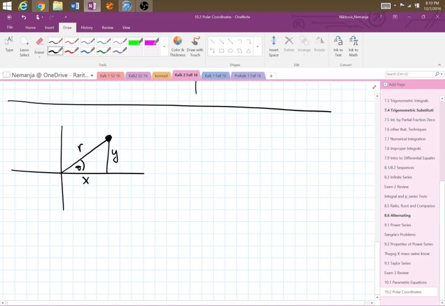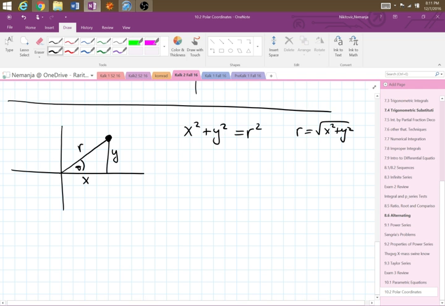What are the equations that you can write regarding this triangle? You can clearly write the Pythagorean theorem, right? x squared plus y squared is equal to r squared, so r is equal to the square root of x squared plus y squared.